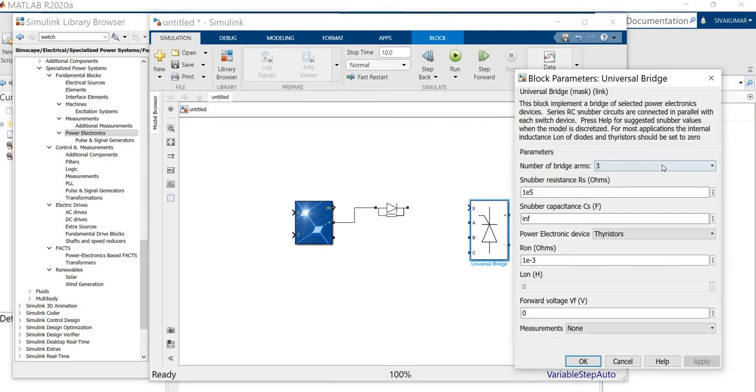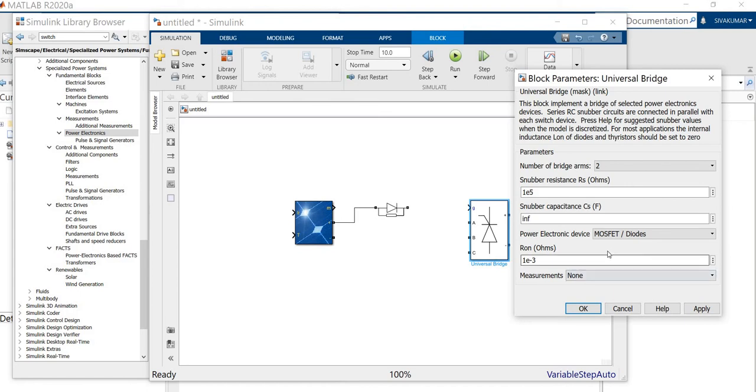For that purpose this block is called the universal bridge. We are going to develop the single phase system, so here I am changing to MOSFETs and diode. This is the snubber circuit and everything. Now I am going to apply.